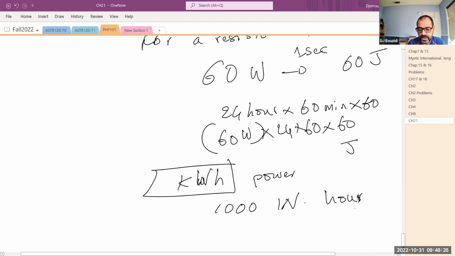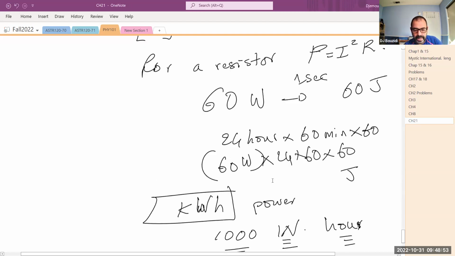So the power company doesn't charge you for the voltage or anything else; it charges you for how many watts you use per hour, and that is energy. When you multiply watts by hours, you get energy, except they don't use joules, because a joule would be a huge number in terms of kilowatt hours.